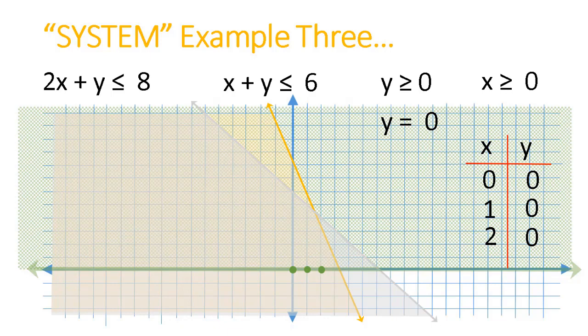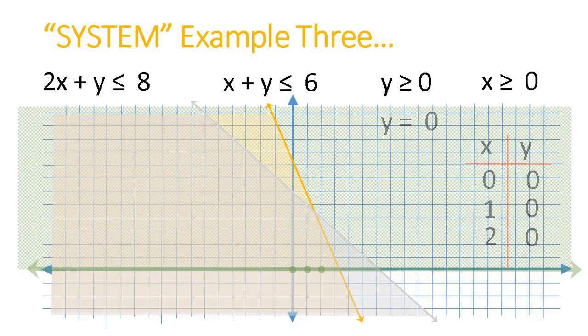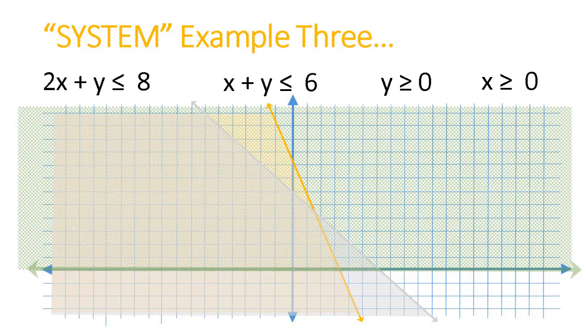Let's see. Finally, let's look at the x line and pretend x equals 0. As long as x equals 0, we're okay. 0, 0. And I'm going to put in another point for y.